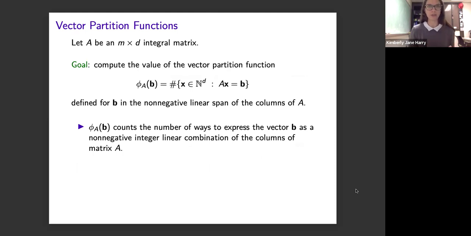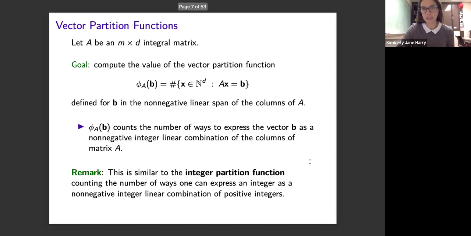Here we have an M by D matrix A, and we can compute the value of the vector partition function by this phi here. This tells us the number of ways we can write b, the vector, as a non-negative integer linear combination of the columns in my matrix A. Just like integer partition functions, we are counting different combinations.